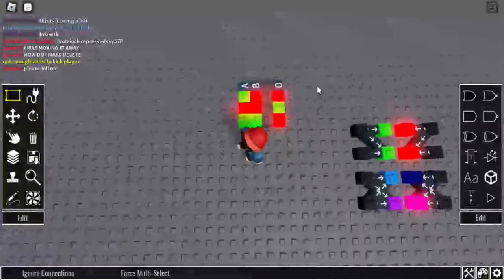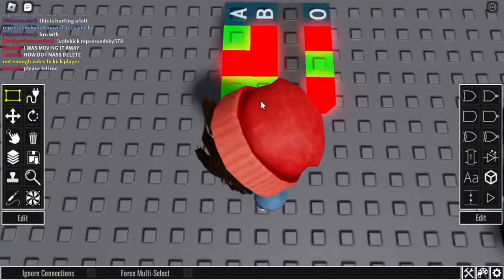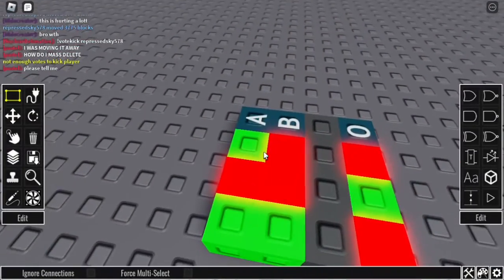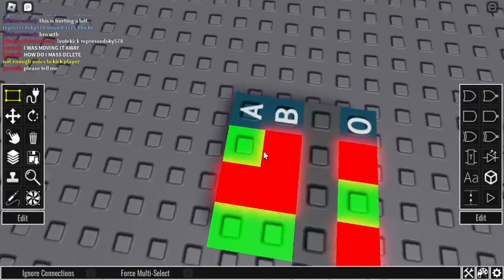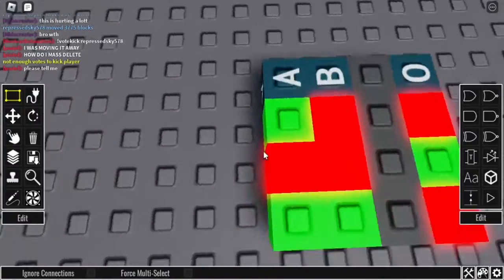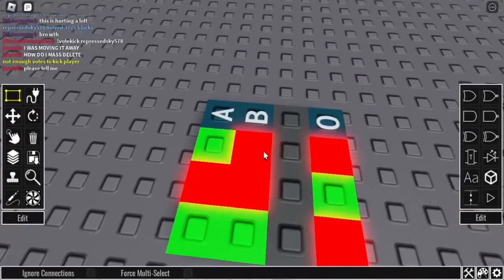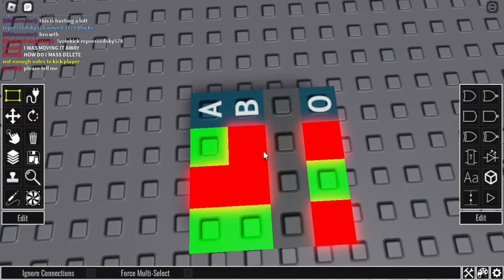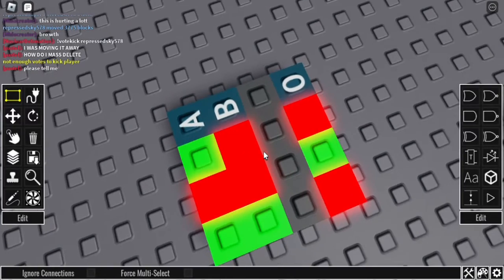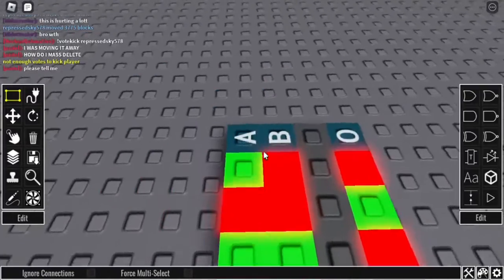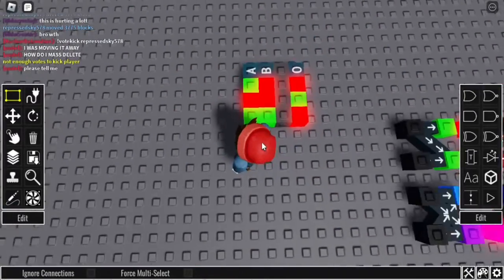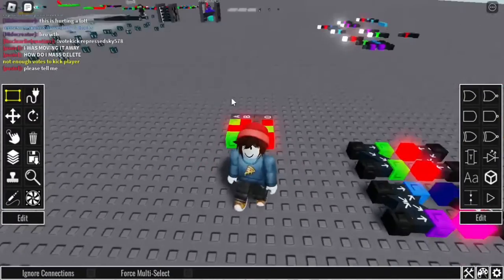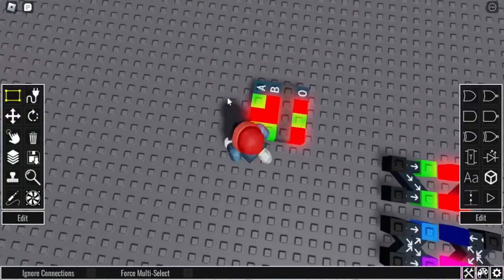So here's just an example truth table. I'm using the OR gate as a 1 because it's green, and I'm using the NOR gate or NOT gate as a 0 because it's red. And it's just very simple. I can make truth tables in Circuit Maker 2.